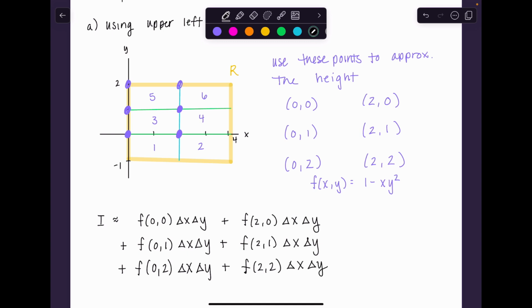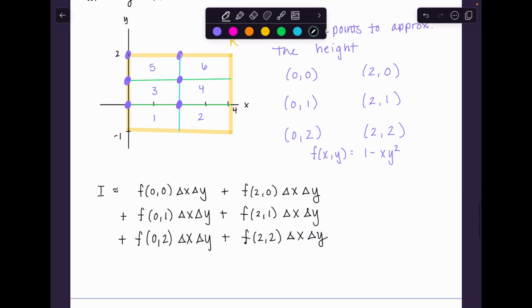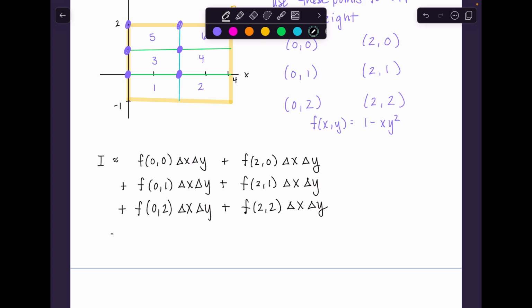Realistically, you can just take out the delta x and delta y, and add all of these function values together, which is the beauty of using rectangular regions. So this tells us our integral is about equal to, if I plug all of those values in, times delta x, delta y.